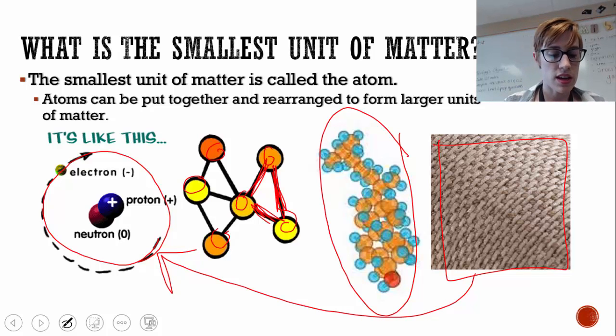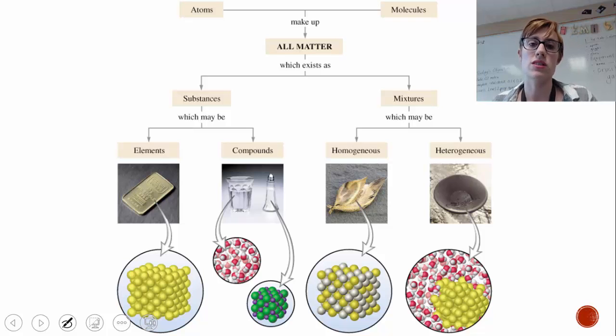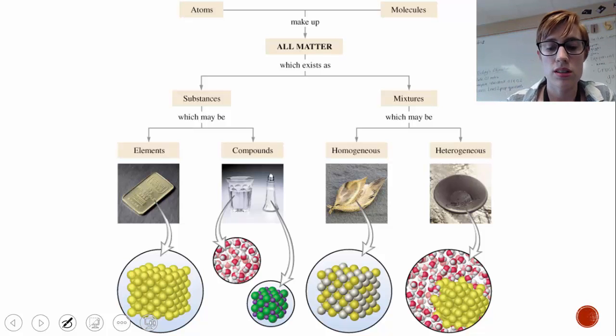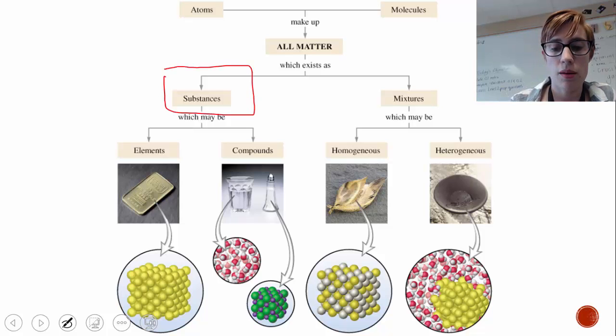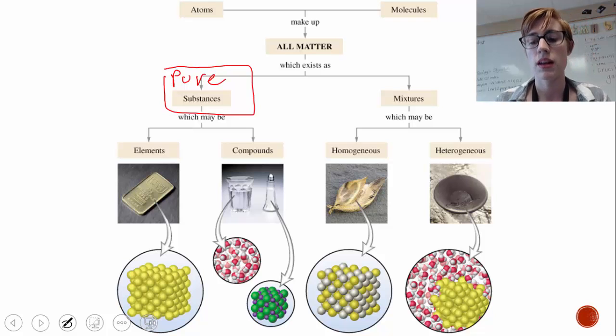One thing that we're going to learn today is how matter is classified. How do we break down matter? Well, there's two main categories. The first category are pure substances, and that's what we're going to talk about first. The second category of matter are mixtures.